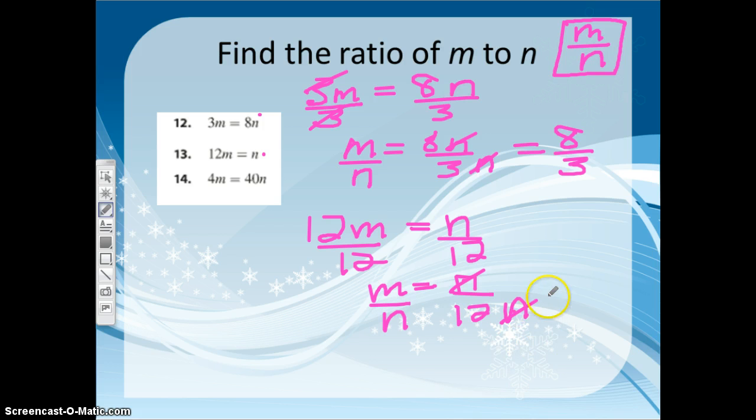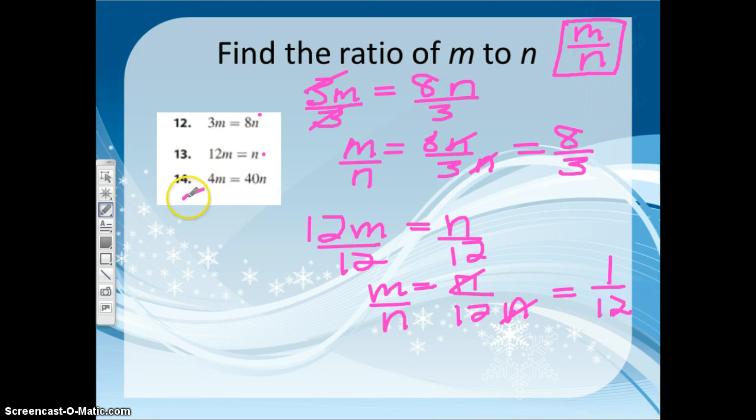N divided by n is equal to 1. The ratio of m to n in number 13 there is 1 over 12. You might be tempted to put 0, thinking we divided out that n and there's nothing left. That's not true. N divided by n is equal to 1.